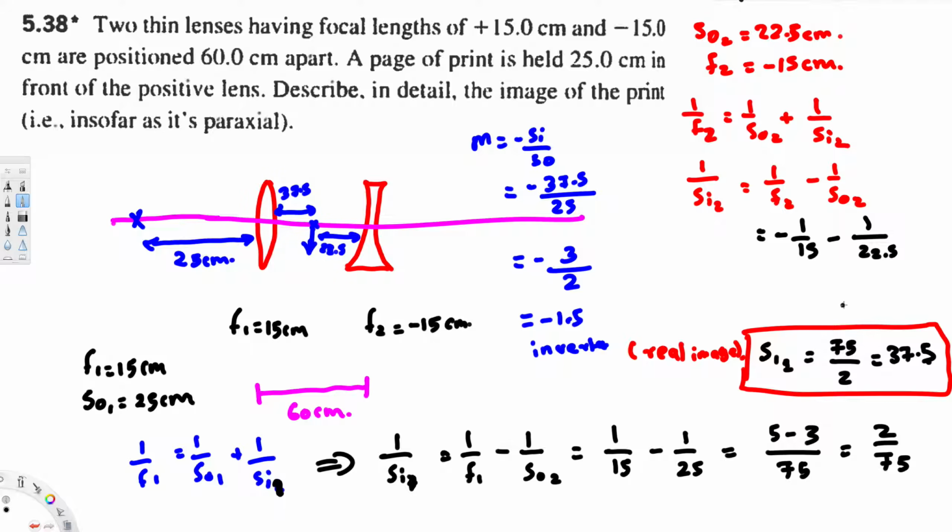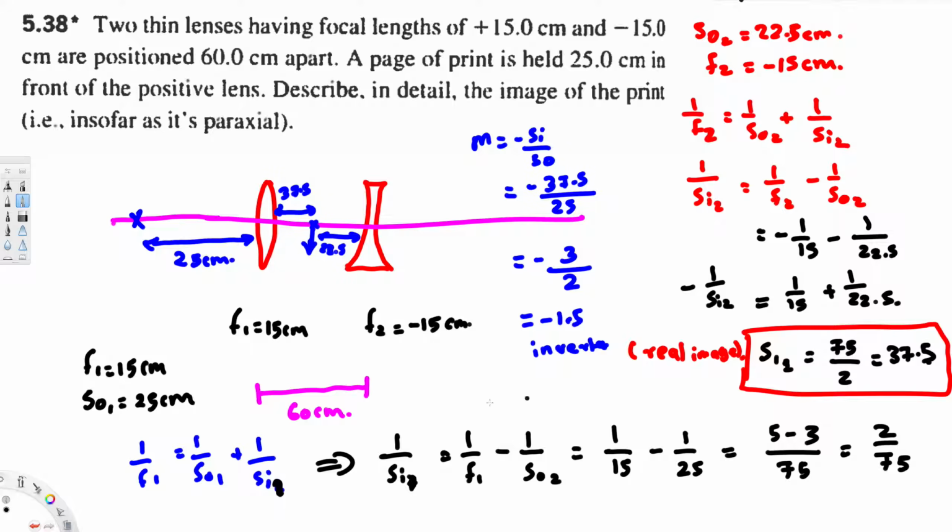Here we can take 45 as our common denominator. To avoid confusion, I'm going to multiply both sides by negative 1. That way we will get negative 1 over SI2, and on the other side all of them are going to be positive. We will get 1 over 15 plus 1 over 22.5.